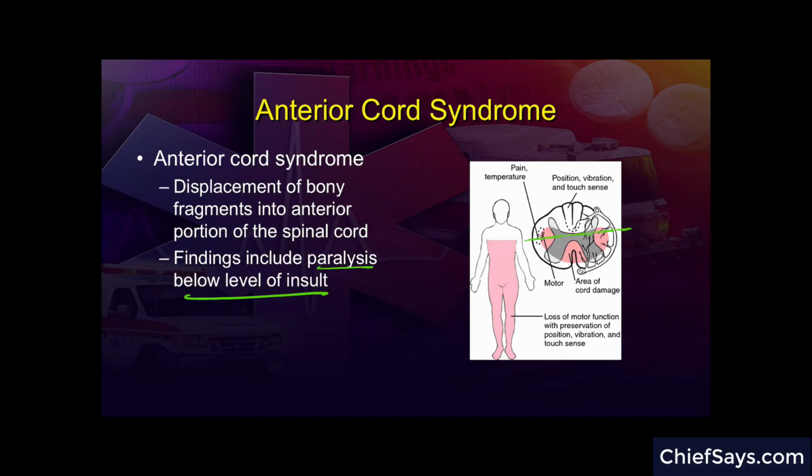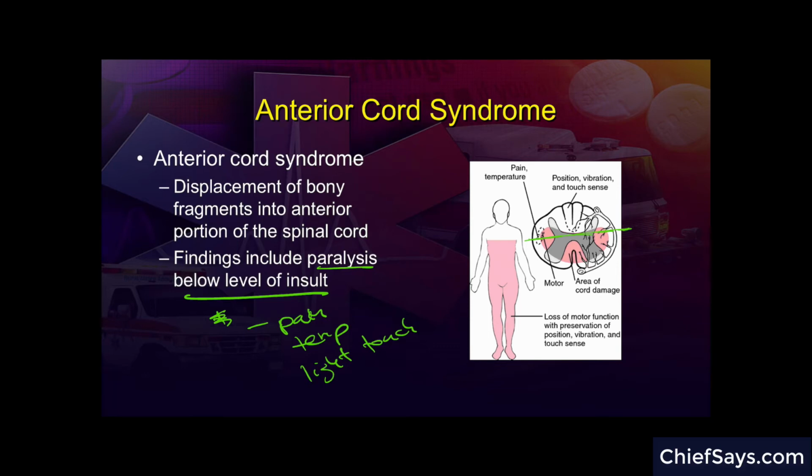Now, there are some combinations, though, again, because it's not all motor neurons in the front and sensory neurons in the posterior. We might have a loss of motor function plus a loss of pain, temp, and light touch below the point of injury as well.